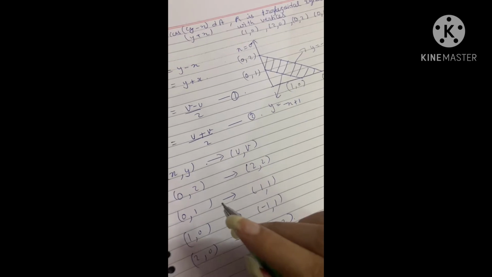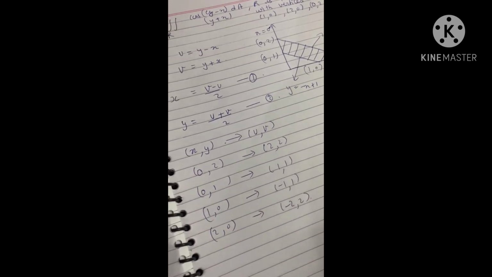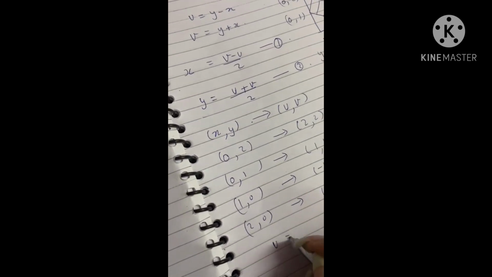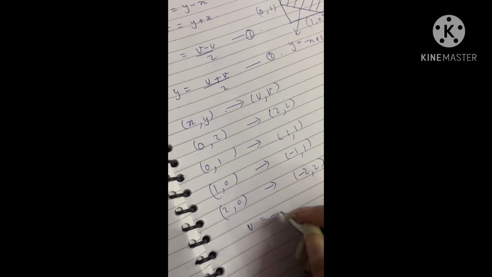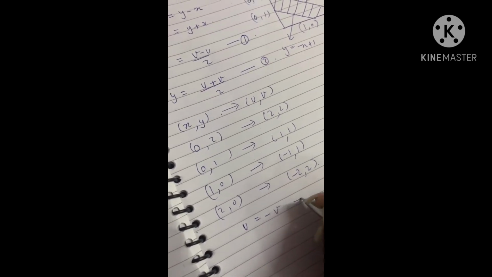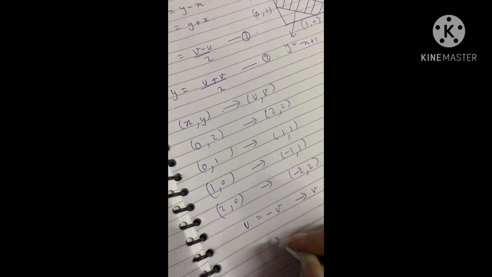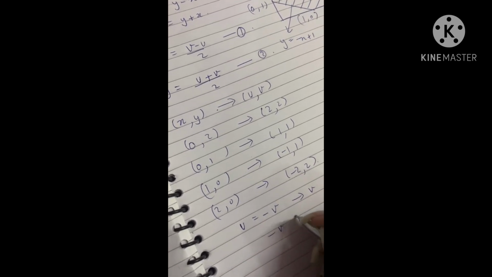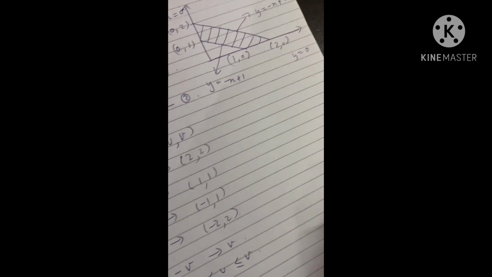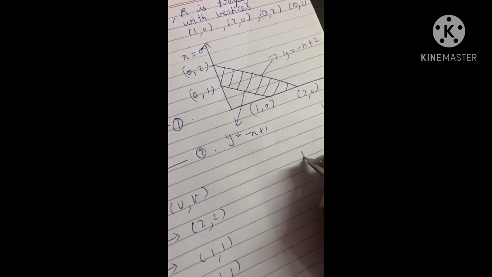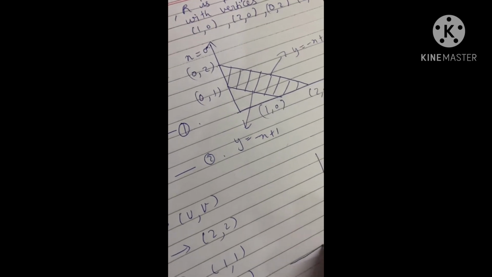By putting x equals 0 and y equals 0, we can find the range of integration. The value of u will vary from minus v to v. Now we can sketch the graph.